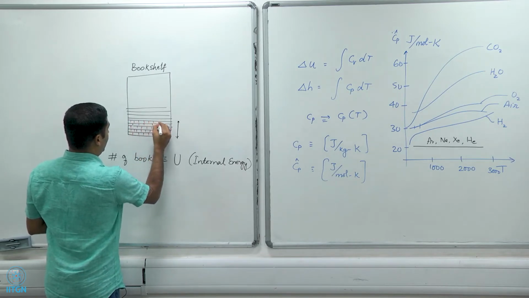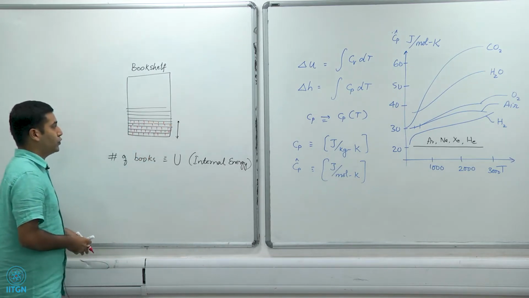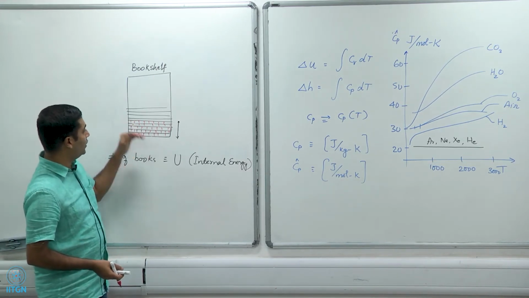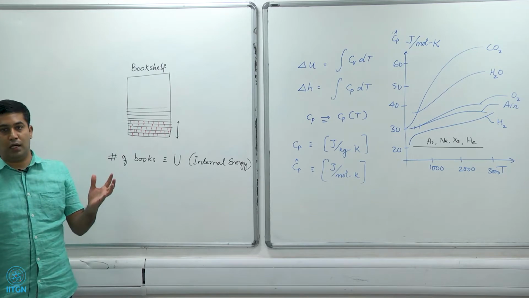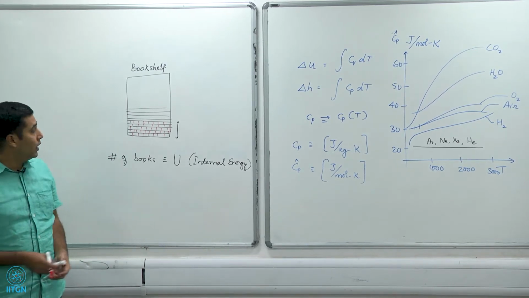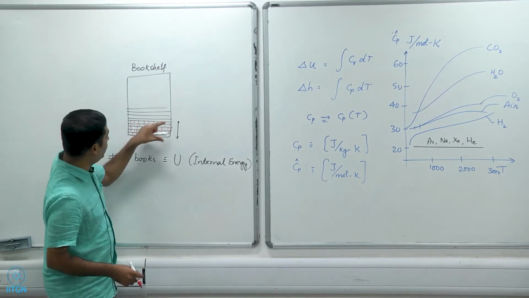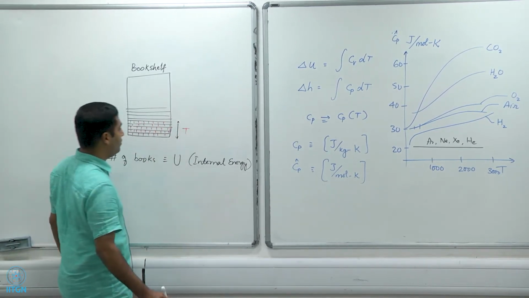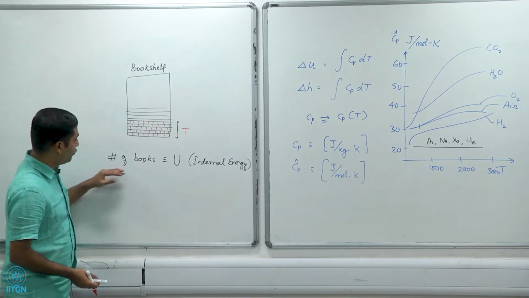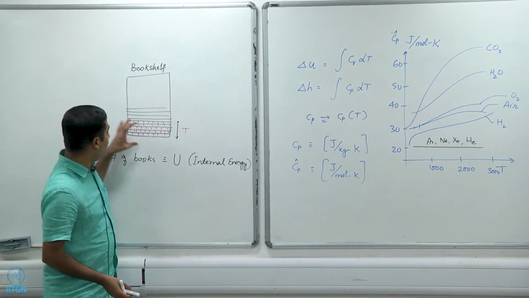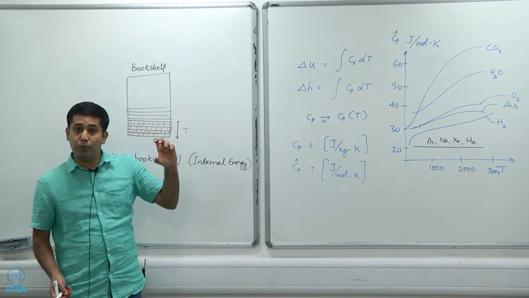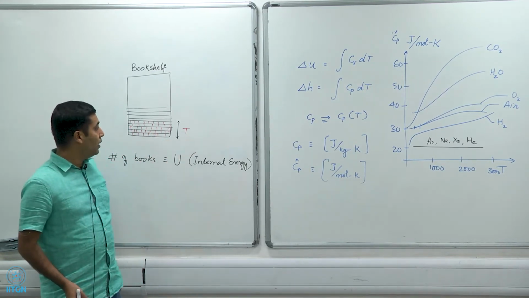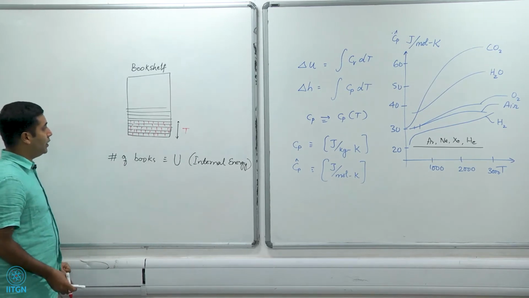So at a given point, you might have books at all the lower shelves, let's say 1, 2, 3, 4, 5. Let's say your highest occupied shelf is the 5th shelf, right? And so the height of the highest occupied shelf is the temperature, right? So the number of books signifies the internal energy, and the height of the highest occupied shelf is the temperature, right?